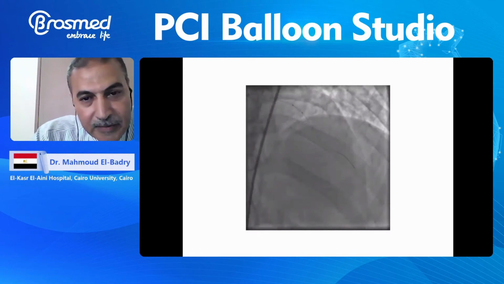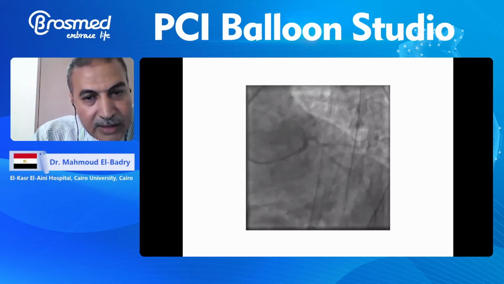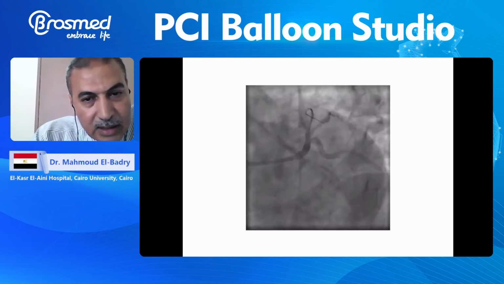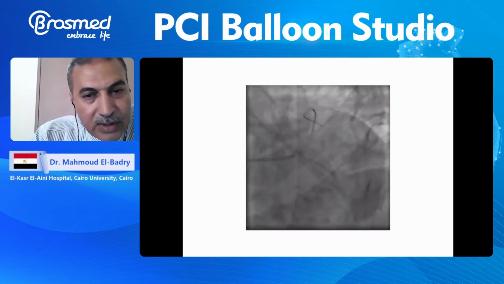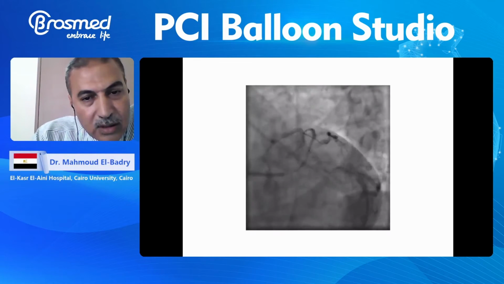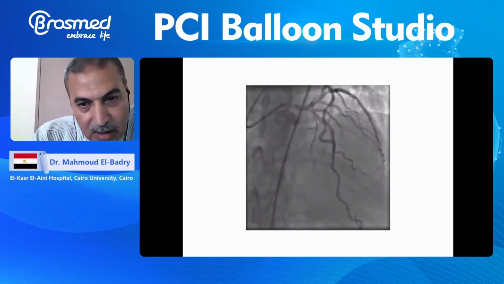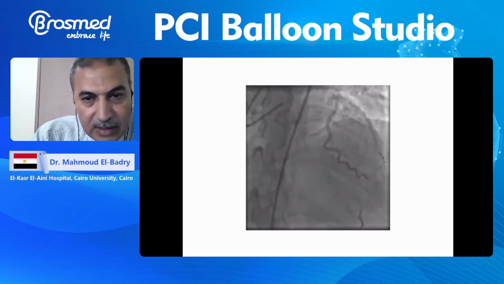So I did the balloon dilatation with the Artimes balloon, and started stenting of the diagonal branch without LAD compromise, and so this is the final result.